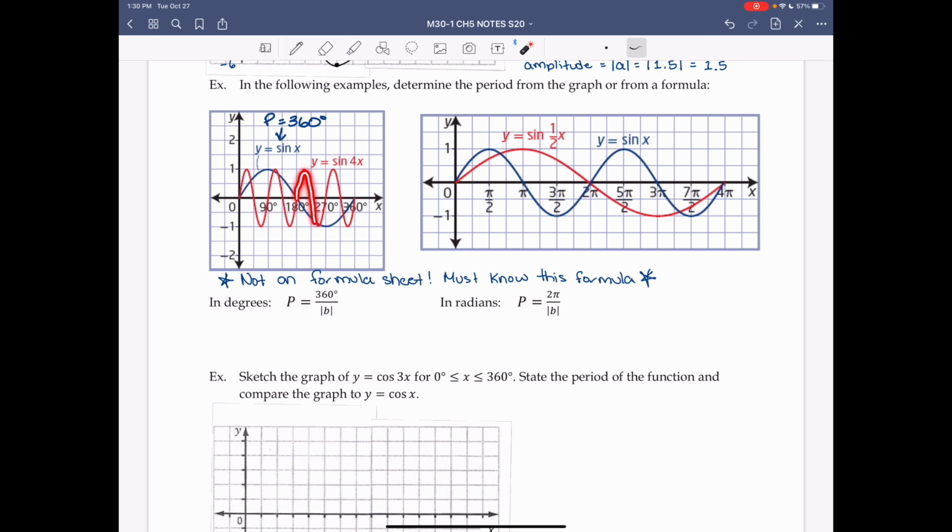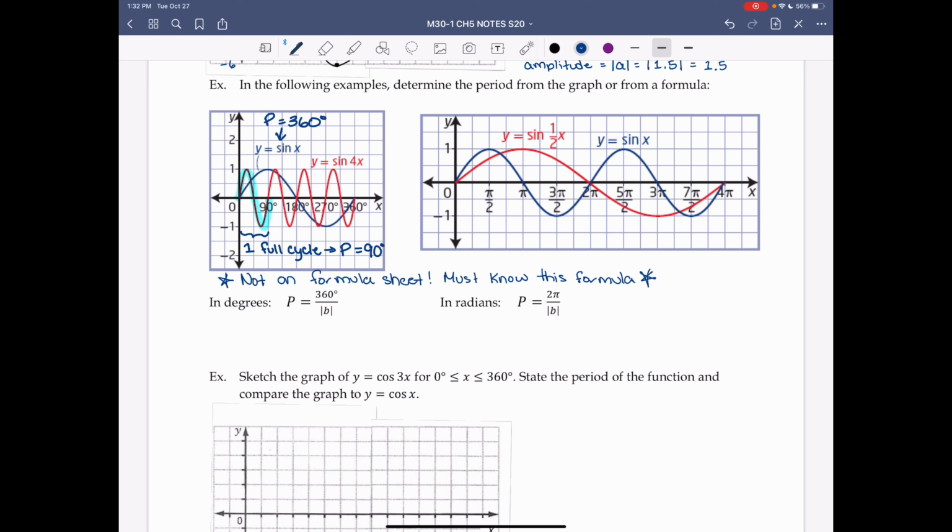So this point here is 1 full cycle, which takes us from 0 to 90 degrees. So that's a period of 90 degrees.